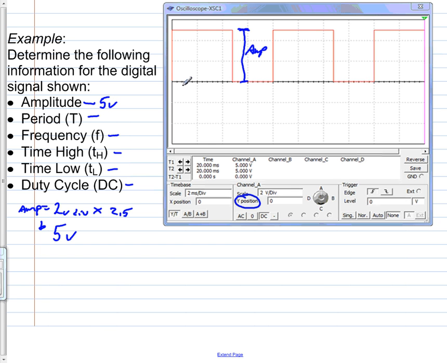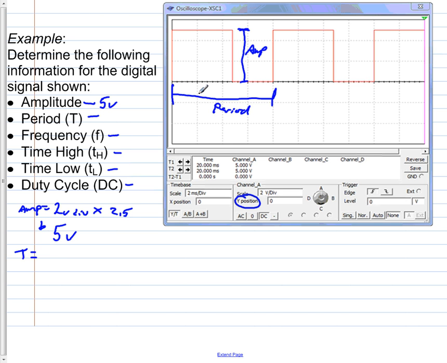The period is, if we look on here, we have our time high, so we'll just look here. It starts here, so the period will start right there. It basically goes to that point there, so there's our period. And the period again is marked T, so T is equal to how many divisions?